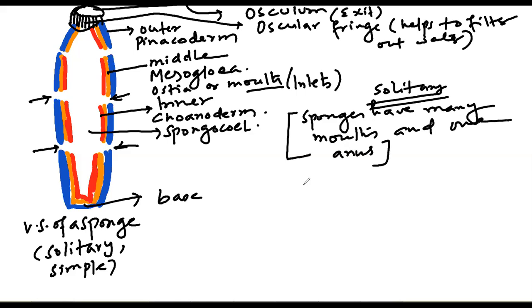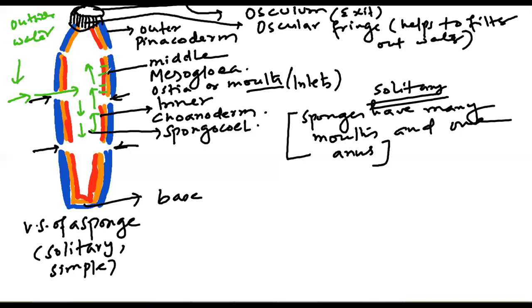So now we will draw the water route. Suppose this is outside. Water will enter into the body through ostia. Then it will go into the spongocele, where it will be treated by choanocytes.